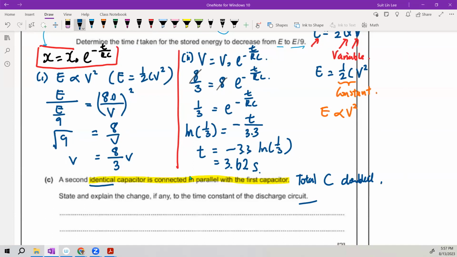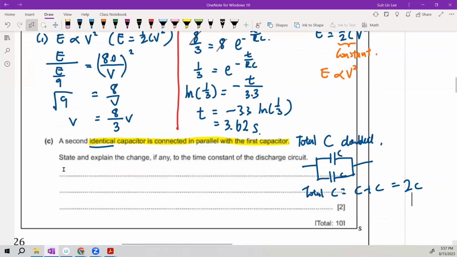So for example, C and C, parallel, like this. So the total capacitance is C plus C, double or 2C.